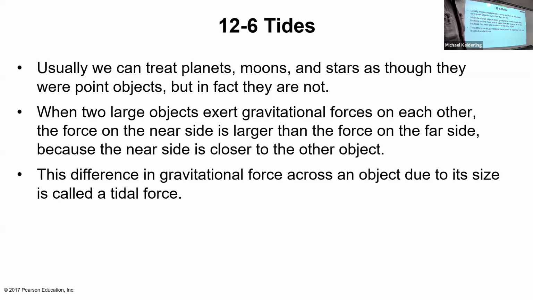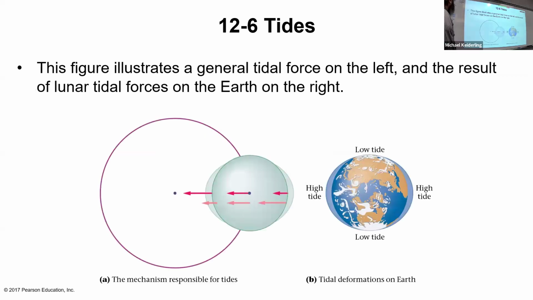There are bulges on either side of the Earth. So this is a general tidal force on the left and the result of the lunar tidal forces on Earth on the right. And that's why there are 2 high tides and 2 low tides each day. And tidal forces distort the shape of objects orbiting around other objects.